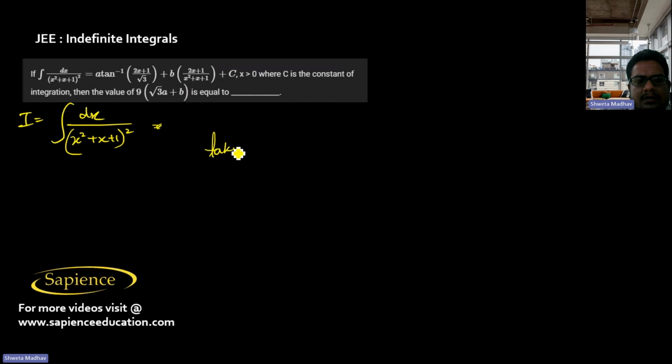We can take x square plus x plus 1, we can write it as x plus half whole square plus root 3 by 2 whole square, since it is 1 by 4 plus 3 by 4, that will be 1.